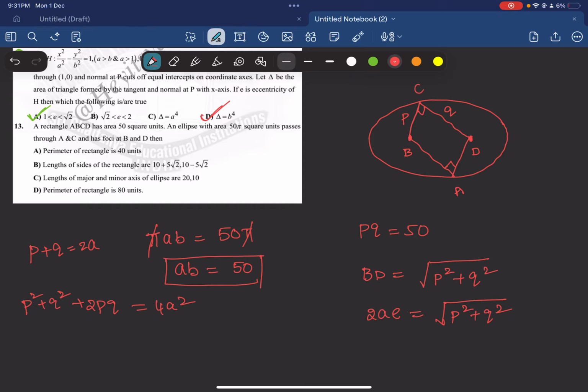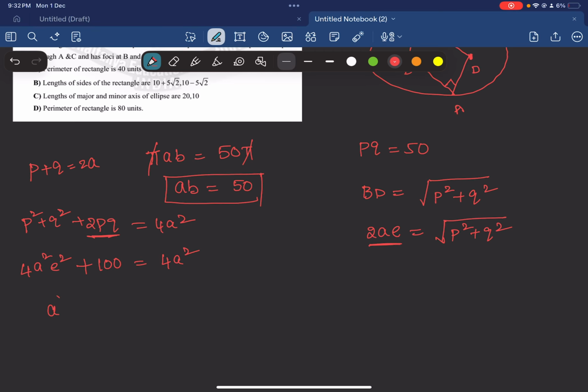So this is 100 plus p square plus q square, which from here can be written as 4a square e square, is equal to 4a square. Taking 4 out, a square e square plus 25 is equal to a square. 25 is equal to a square into 1 minus e square.